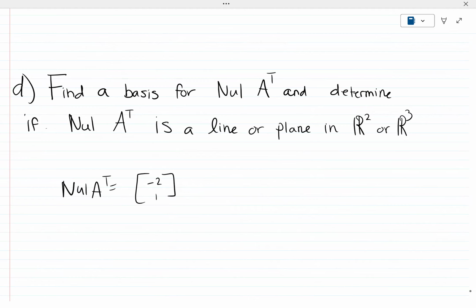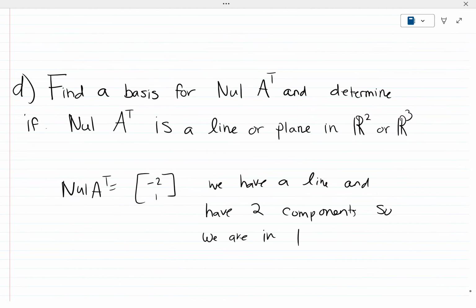So it is in 2D. So we have a line and two components. So we are in R2.